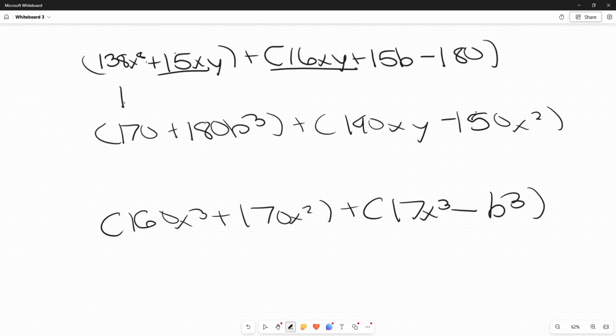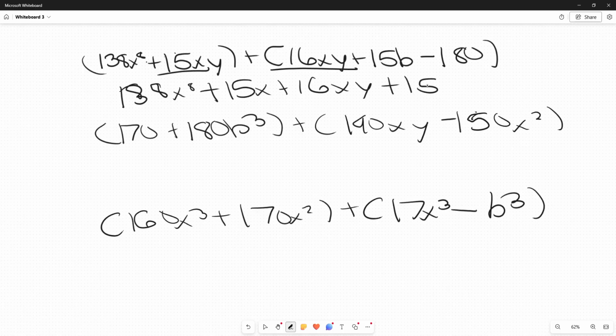So what we can do is just bring it down. 138x to the power of 8, plus 15xy plus 16xy plus 15b minus 18.